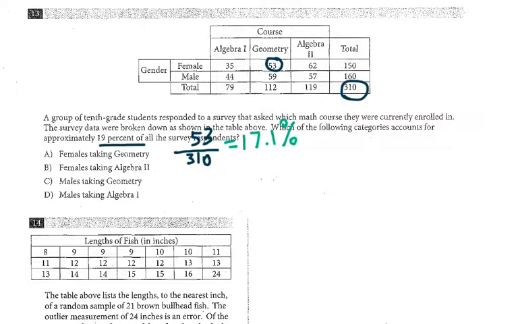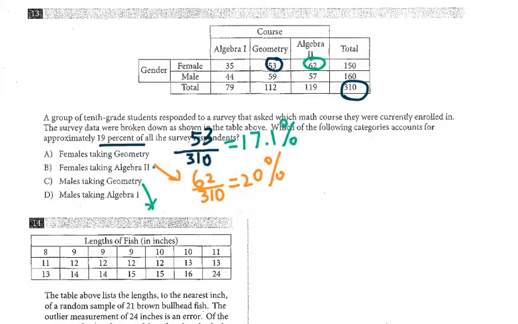For B, females taking algebra 2, that's 62. So we have 62 divided by 310. That means 20%. And for C, males taking geometry.